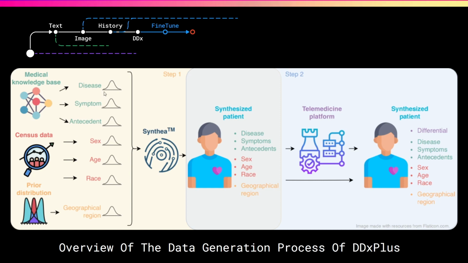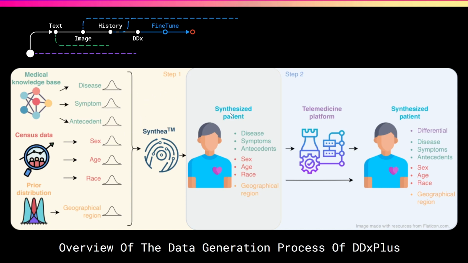So they statistically calculated different distributions for disease, symptoms, antecedents, and also the conditional distributions between disease and sex, disease, sex, age, and so on. Once these distributions were prepared, they used Synthea to populate different patients from the distributions they had just created.